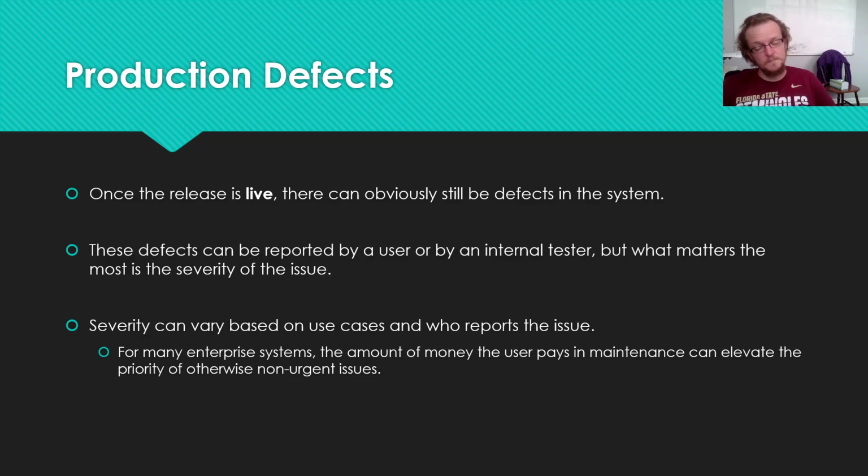For example, if you have a client who pays you $10 million a year for maintenance on an application they wanted to be green, and it is now suddenly blue, that $10 million will make it much more likely that you're willing to release an update to make the application green, even though that isn't actually causing them a lot of strife. It's just kind of a nuisance to them.